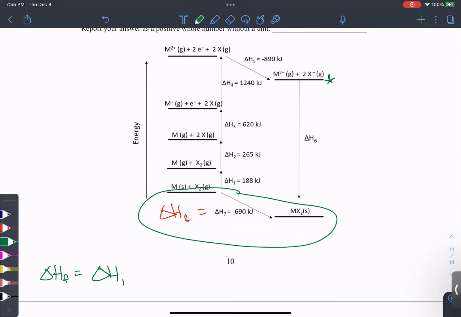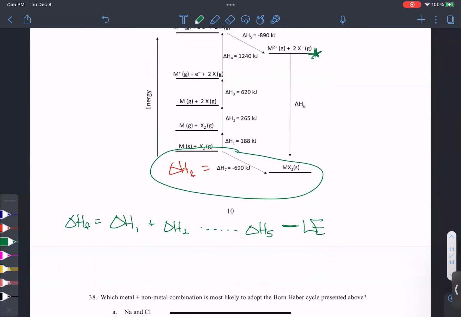So you need to add up all of the steps, delta H1 plus 2 all the way to delta H5, so get all the way to this step where we have the ions in the gas phase, and then you subtract lattice energy. That's it. So to answer this question, you just put in the numbers. In this case, we're calculating delta H6. So the absolute value of this step is equal to lattice energy. It's just the magnitude of that arrow.